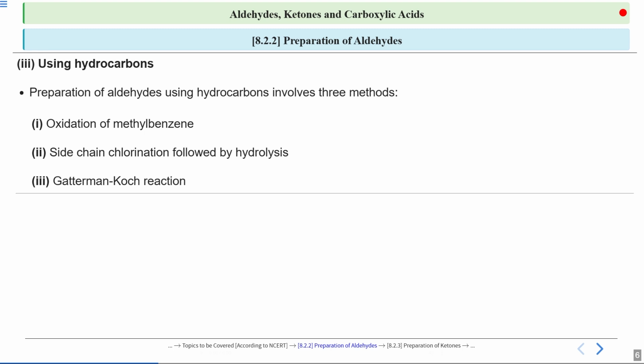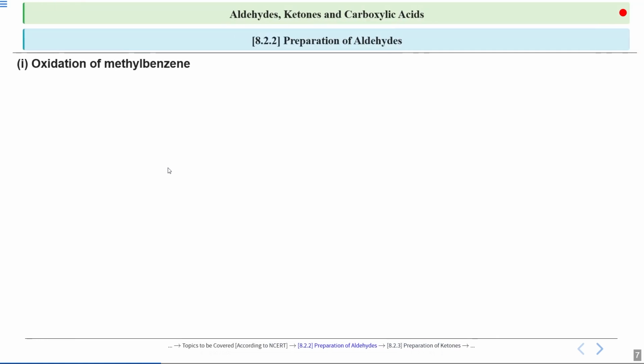This reaction involves carbon monoxide and hydrochloric acid in the presence of a catalyst. So I just gave you an overview about all these three preparation methods. Now one by one we are going to discuss all of these three methods. So first we will talk about oxidation of methyl benzene.